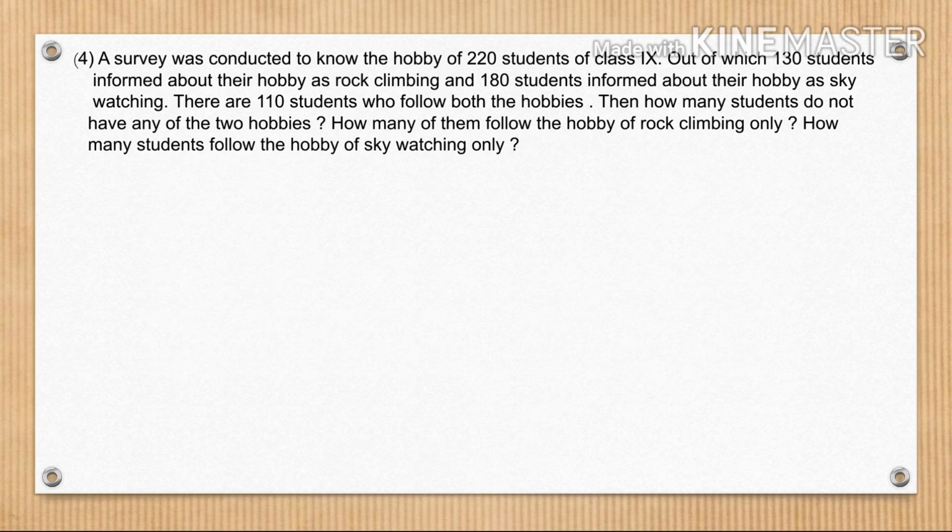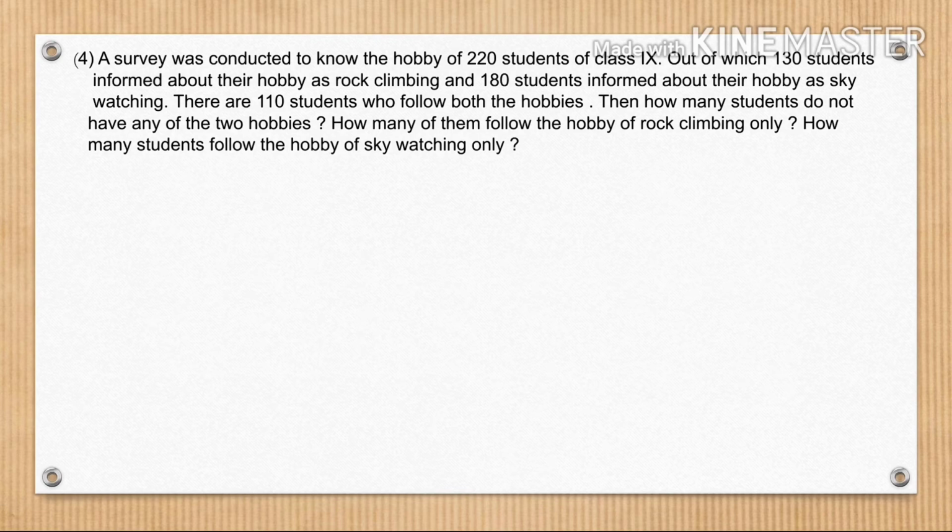For finding this answer, first we have to find students who have at least one of the hobbies. That means they should have the hobby of rock climbing or sky watching. That means we have to first find the union of two sets. Then we can subtract it from the universal set to find our answer. This is the first part.